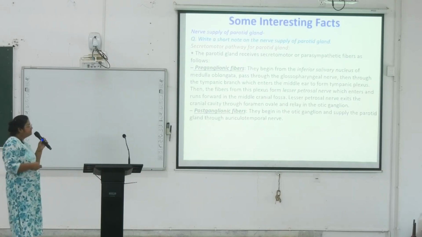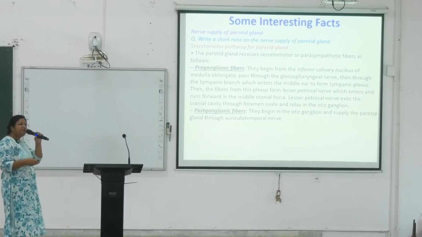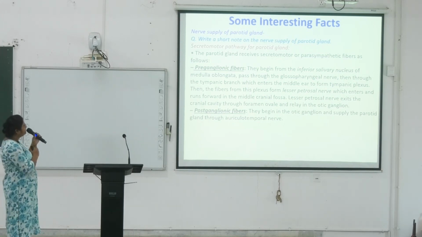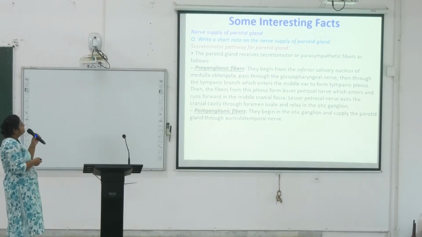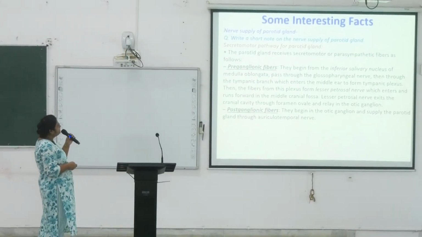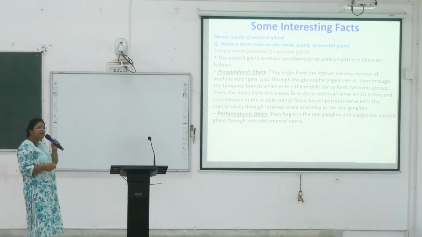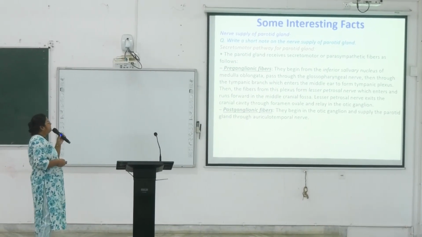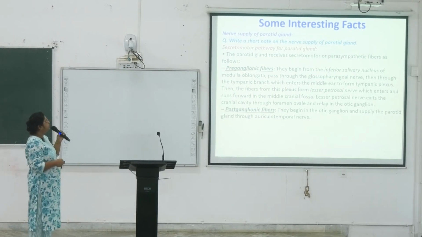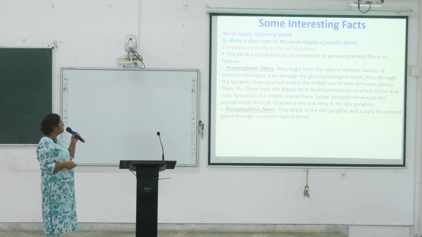This pathway sometimes comes in your theory. So, the secretomotor pathway for the parotid gland: it receives secretomotor or parasympathetic fibers, as preganglionic fibers, from the inferior salivatory nucleus of the medulla oblongata. Then they pass through the glossopharyngeal nerve, then through the tympanic branch, which enters the middle ear to form the tympanic plexus.